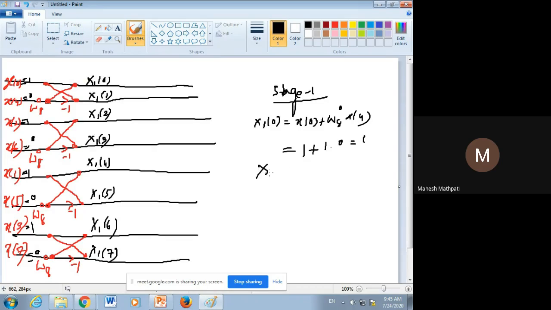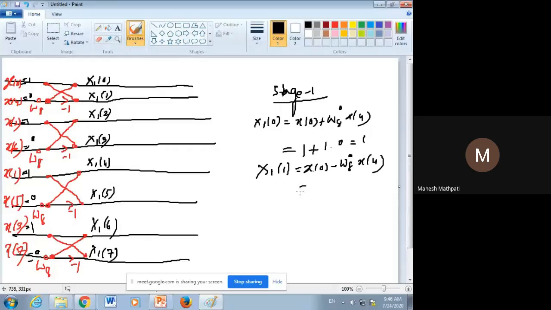Similarly, we calculate for x1 of 1. What is the value we will get? Can anyone tell me? x1 of 1 is equal to x of 0 minus W8 to the power 0 into x of 4.